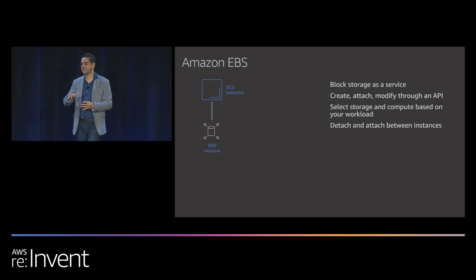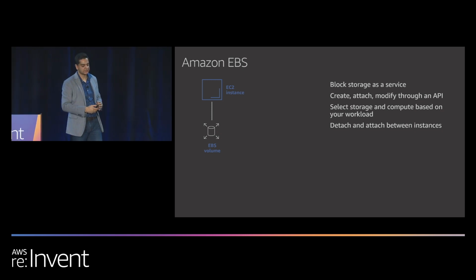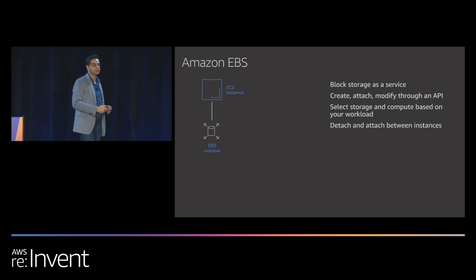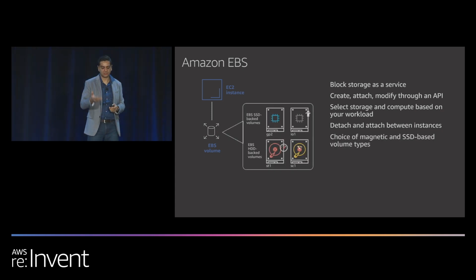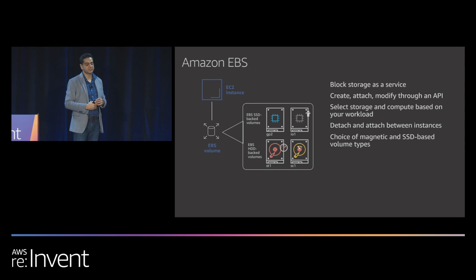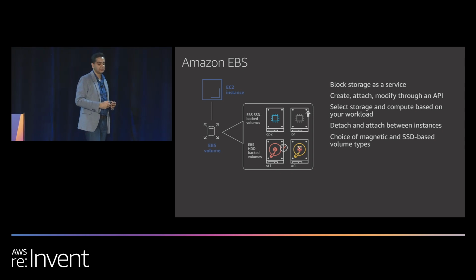It's a network-attached block storage service and gives you the ability to create and attach multiple EBS volumes to a single instance. You can snapshot them. You have the ability to pick different EBS types between high performance and lower cost by picking either SSDs or rotating media drives.